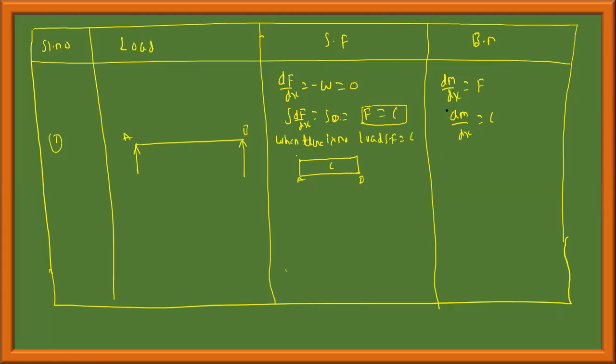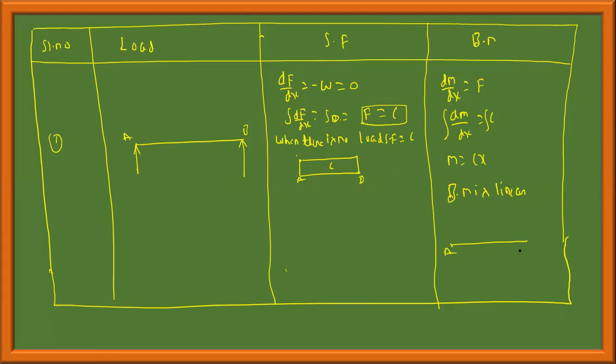If I want the bending moment, I need to integrate it, so M is equal to C into x. When there is no load, shear force is constant and bending moment is linear. The bending moment curve will be linear like this.